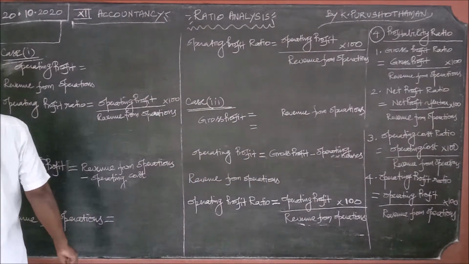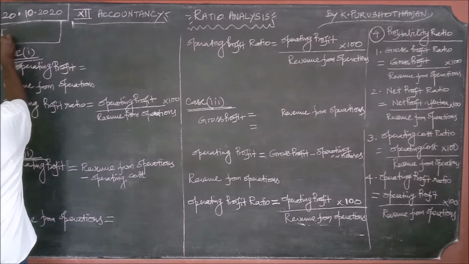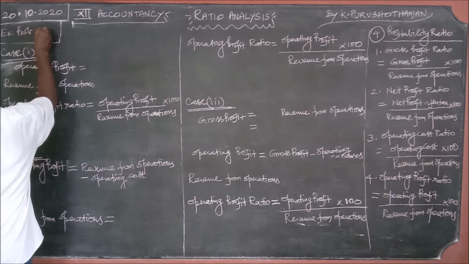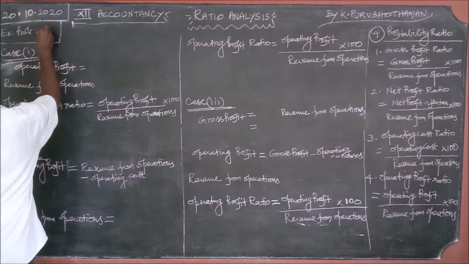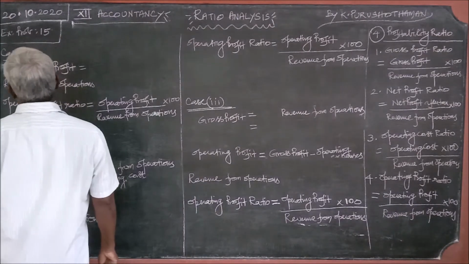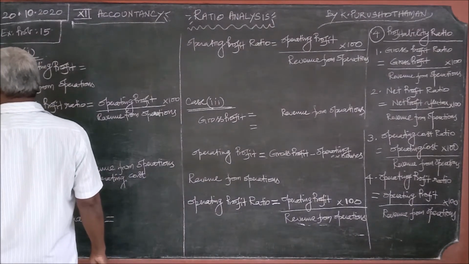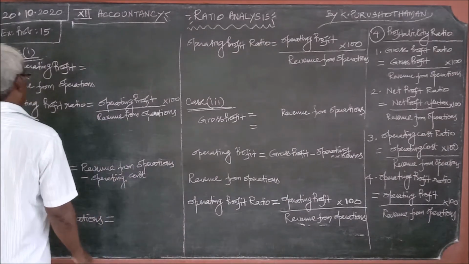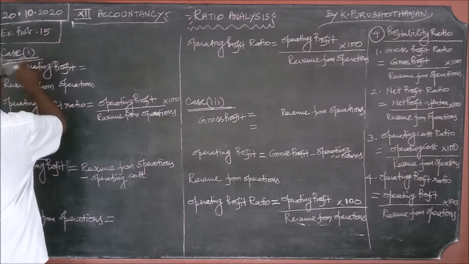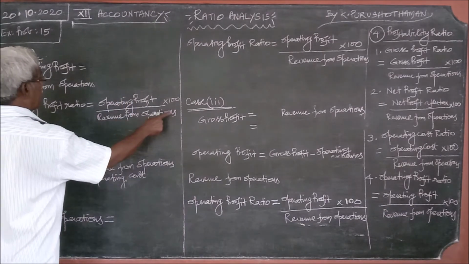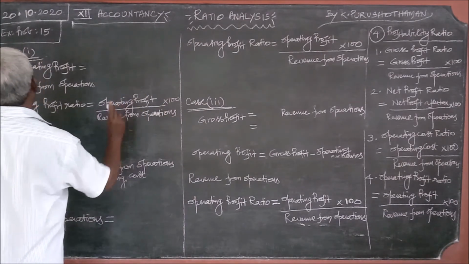Now we shall pass on to exercise problem 15. The same model, but the figures are different, so I am doing it. In here also the same. Calculate the operating profit ratio. Case 1. Operating profit by revenue from operations into 100.